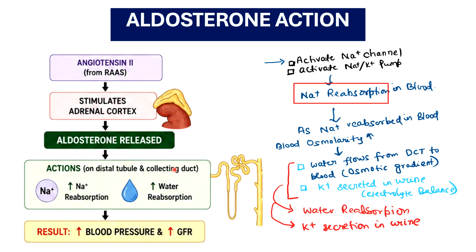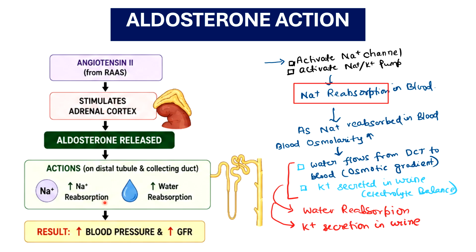Also, simultaneously, because we have to maintain the ionic balance, as sodium is reabsorbed, K plus ion is secreted in the urine. So, in dehydration condition, aldosterone acts by increasing sodium reabsorption as well as water reabsorption. Simultaneously, K plus is secreted in the urine.